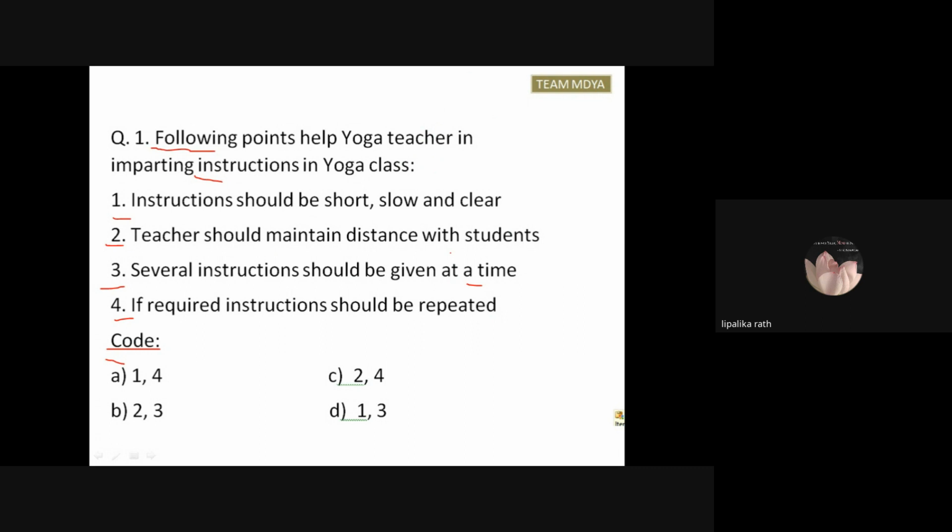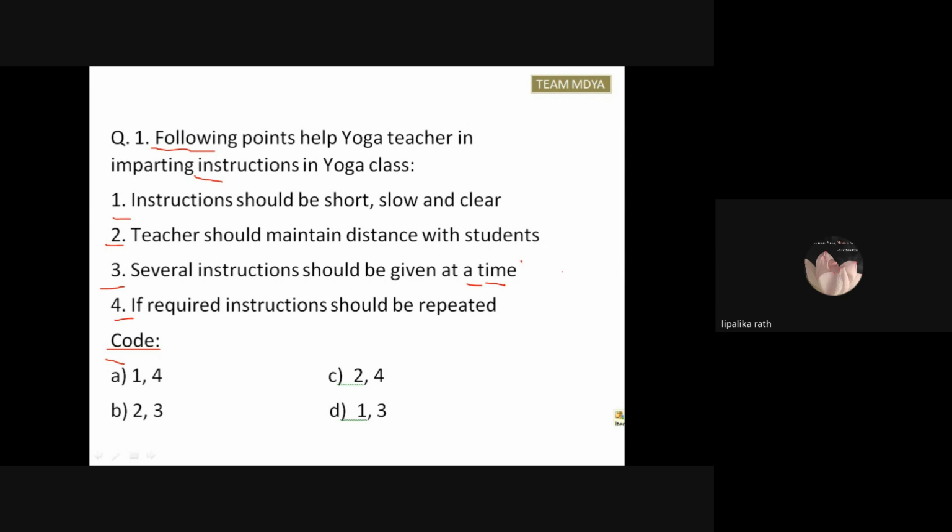If you give too much instruction at a time, no one can recognize what we want to say or what we want to demonstrate. And if anyone is doing wrong while practicing, we can give the instruction again at that time.